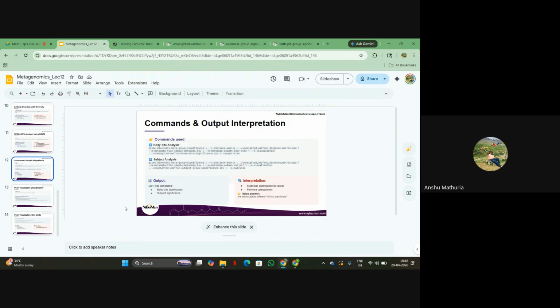What if you have a diseased individual and a normal patient, and you want to understand the difference in their microbial communities? Then you can use beta diversity to identify the microorganisms that are different, the diversity in both the individuals, the way it happened in our moving pictures tutorial.